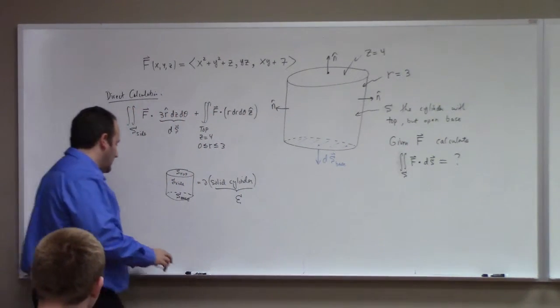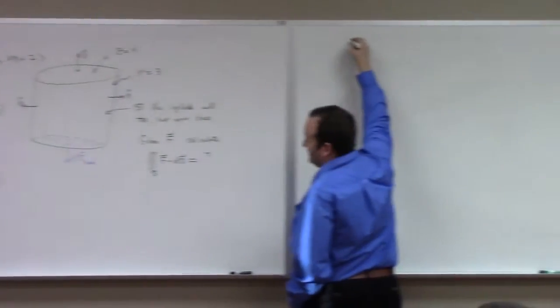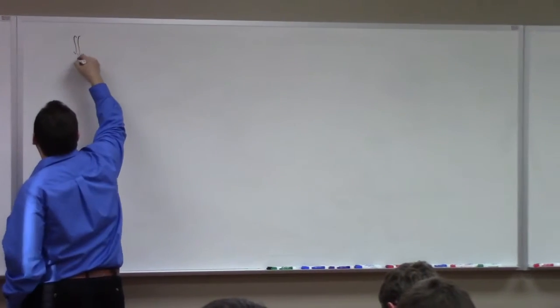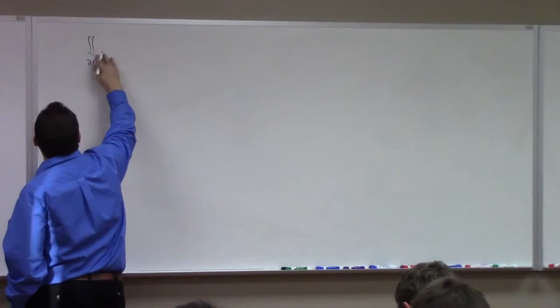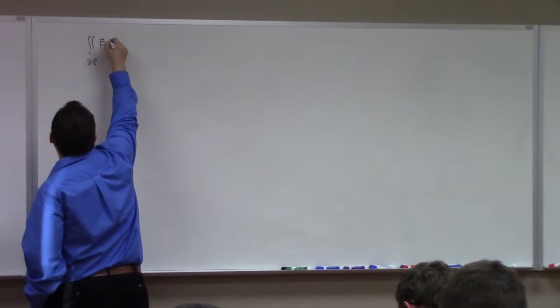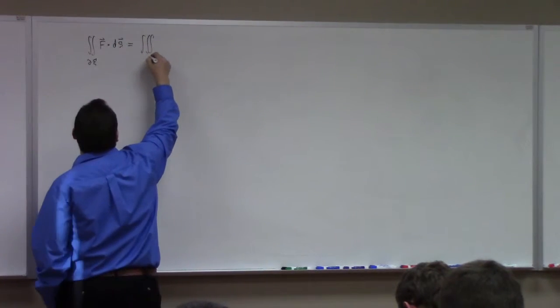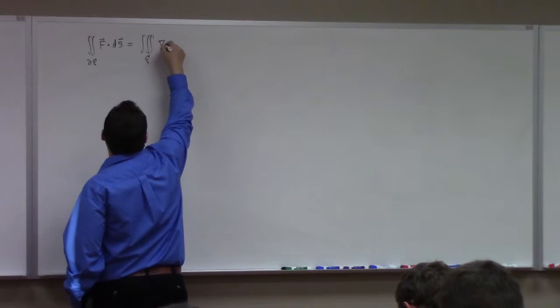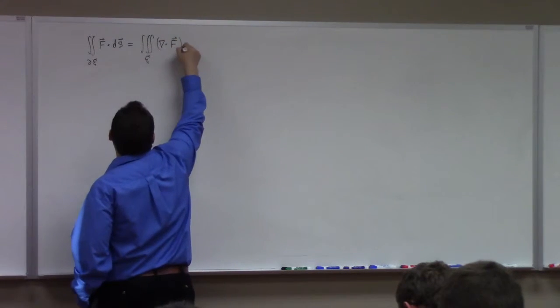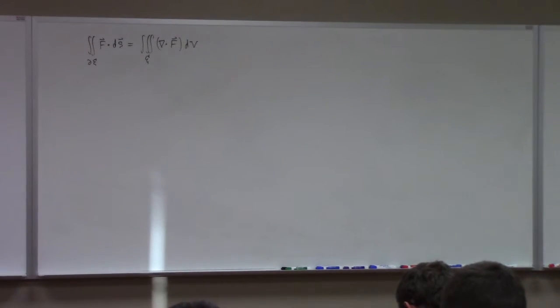I can use the divergence theorem. What does the divergence theorem say? It says that the flux over the boundary of E of F dot dS is equal to the triple integral over E itself of the divergence of F. So let's call this flux phi.